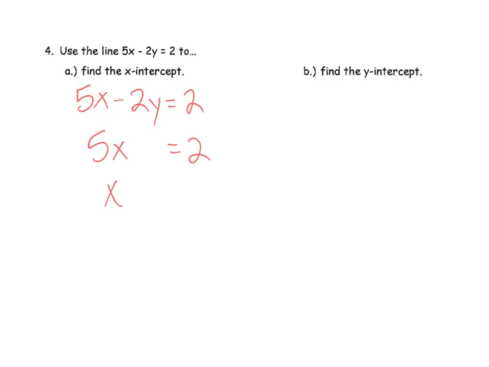Fraction. 2/5 is super small. 2/5 is like less than half. So if you were to graph this, let me just really help you out here. Here it is, like right there. That would be 2/5.